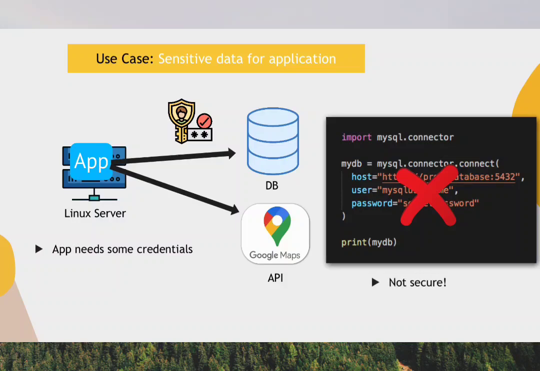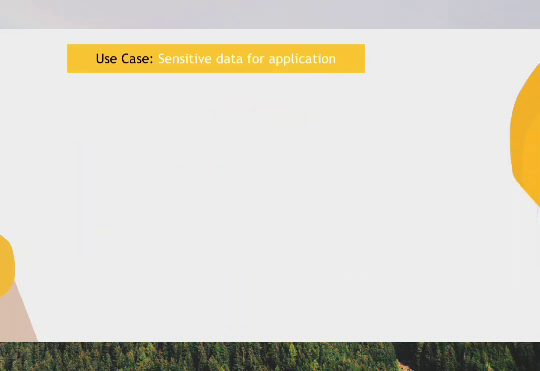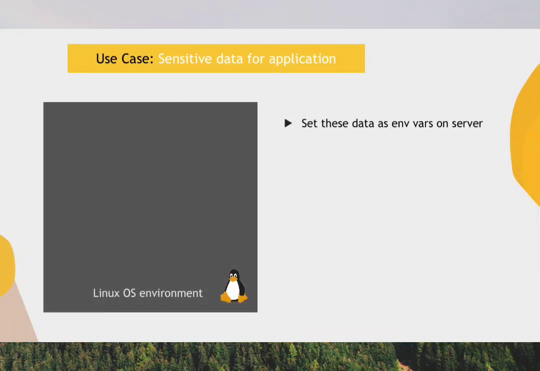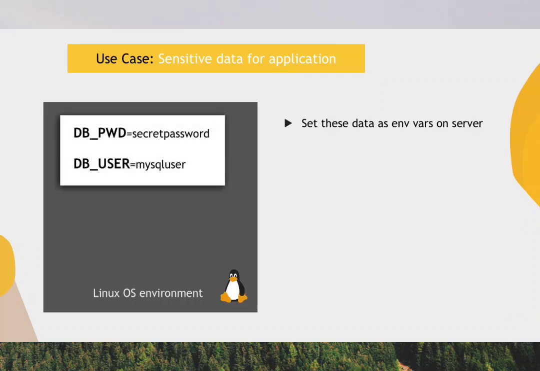That's not secure, so we can't put this information inside the code. So how do we store this sensitive data in a secure way, but also in a way that the application can access them when it runs on the server? And one very common way to do this is by setting such data as environment variables so that application can then read the values of those environment variables.